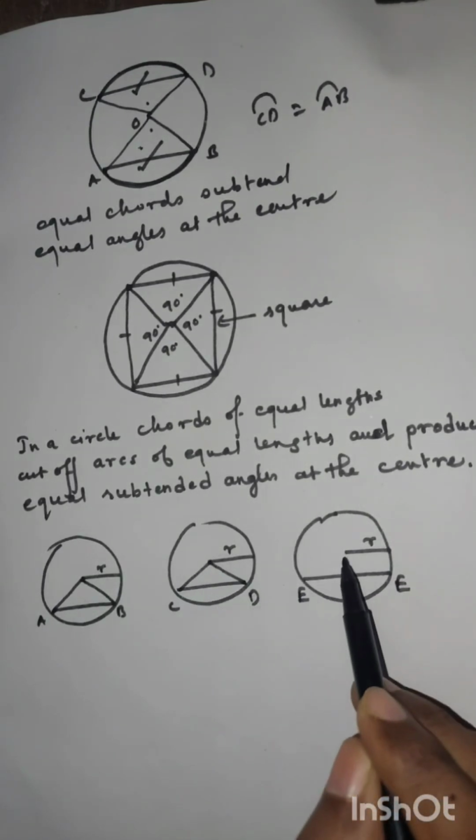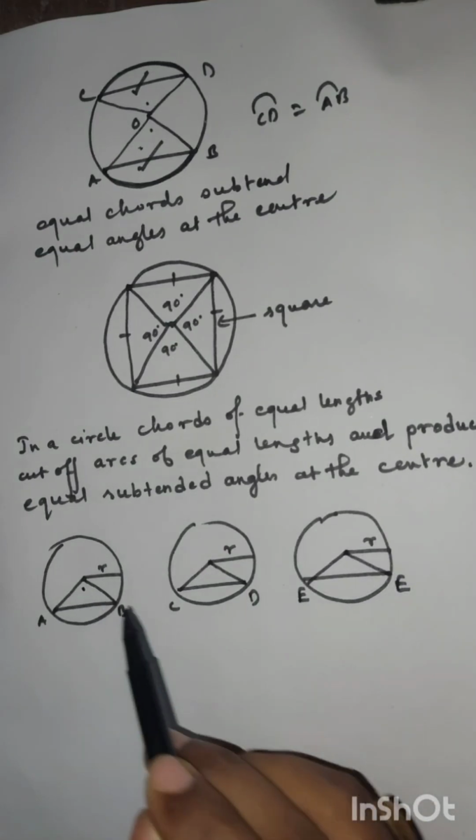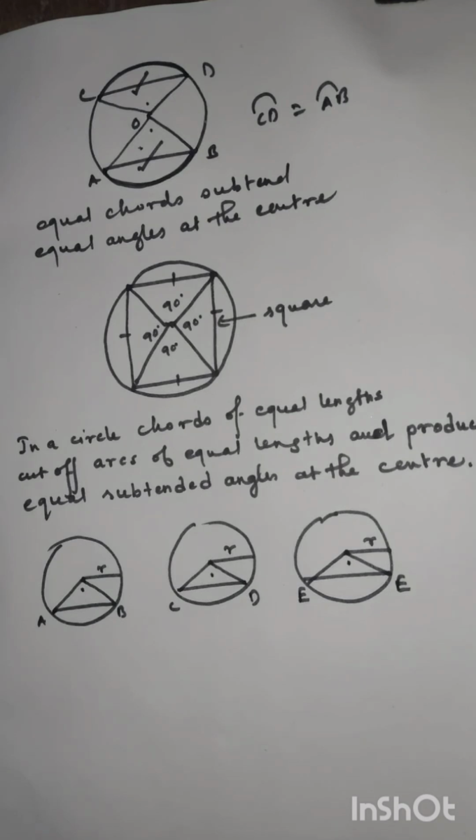They all subtend equal angles at the center. So circles 1, 2 and 3 are congruent because their radii are equal. These three circles are equal.